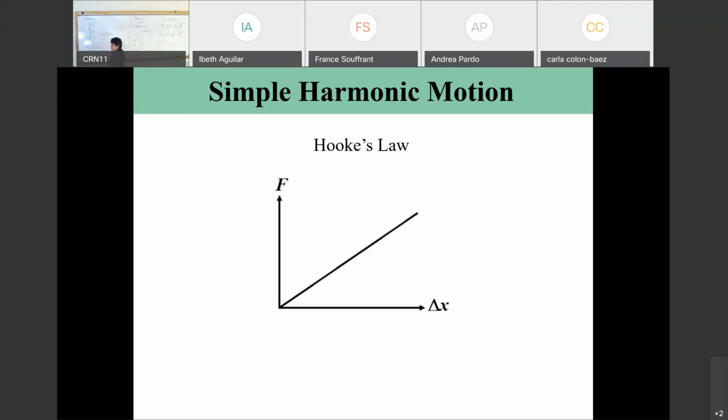If that's the case, this is the key. And we're going to be going into that a little bit because something I want you guys to get out of this is the free body diagrams and equilibrium.